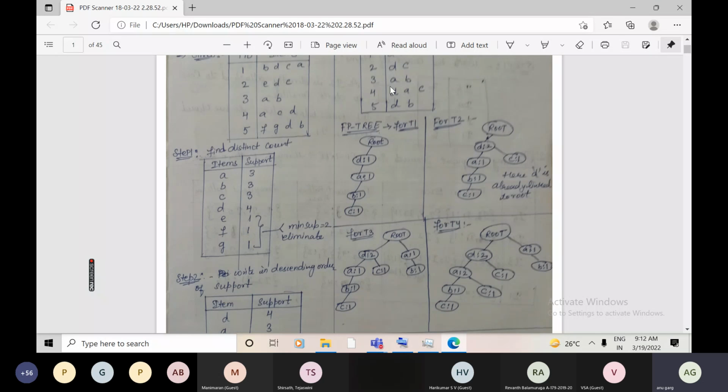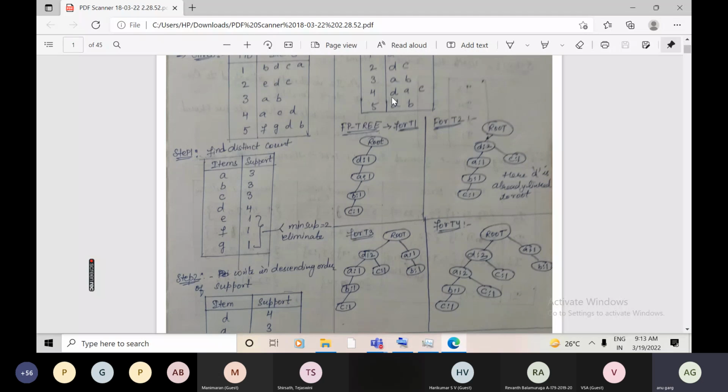Now for transaction 3 we have A and B. A should be connected to the root now because your first element is A here, so you cannot put your B here. Your first element should be connected to the root. So we will take another branch and write A and then connect B to that. Now the support will be 1 for A and B here.